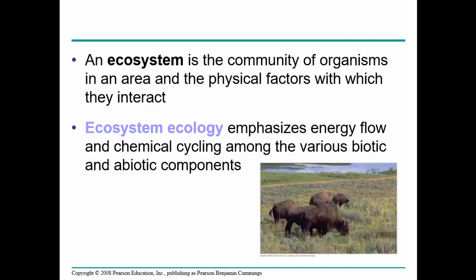Now on a bigger scale, after the community, in the environment there are so many communities, and these communities together interact again with the environment or the physical factors. This study we call ecosystem ecology. Ecosystem ecology emphasizes how energy flows and how chemicals flow between the environment and the organisms.